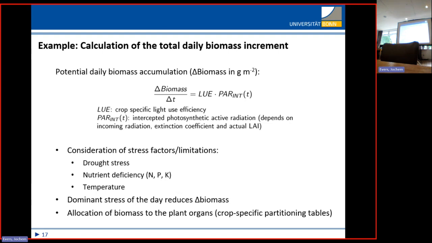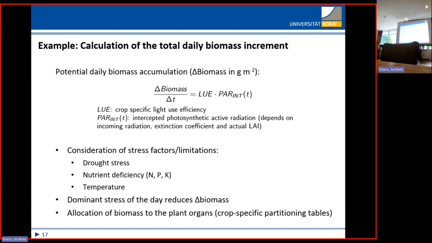And from that, usually you can calibrate it to fit to your specific cultivar. If you have a new crop, that's actually quite complicated because you have quite a lot of parameters. And some of them you can measure, but some of them are not directly measurable actually. So this is a lot of work if you have a new species.